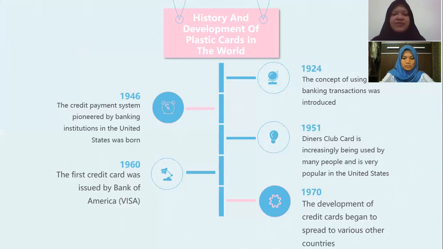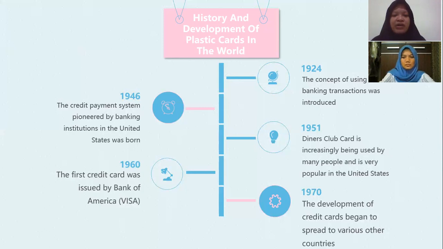There was a massive expansion in education about the benefits of this credit card until everyone understood the use of this transaction tool. And it was in the 1970s that America began to set policy regulations for the use of credit cards.